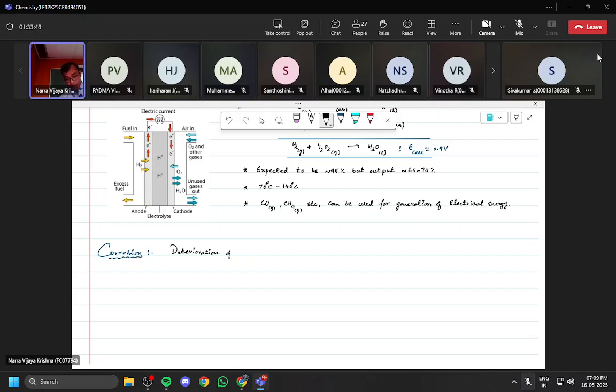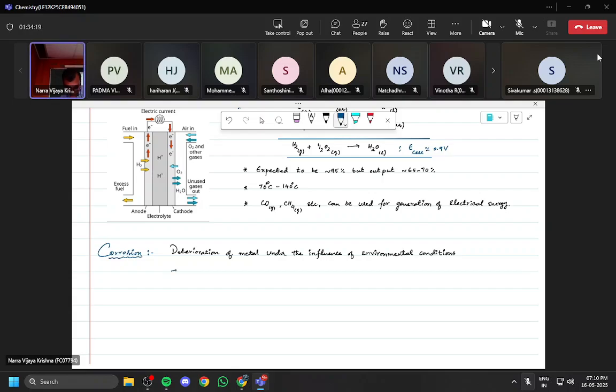Deterioration of metal due to environmental conditions is called corrosion.